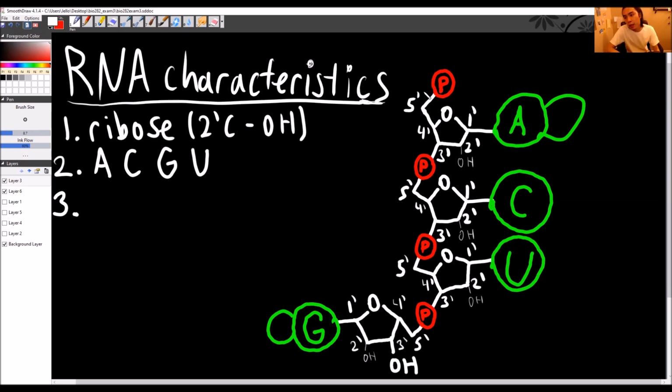Okay, so on this end over here, we have a 5' carbon, which is attached to our phosphate group. And then we have our 3' carbon, which is exposed and not in a phosphodiester bond as with the other nucleotides, and it has an OH on the end of that. So this is our 5' end, and this is our 3' end. So our directionality going from top to bottom would go 5' to 3'.